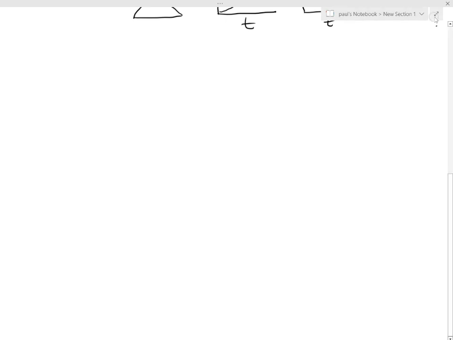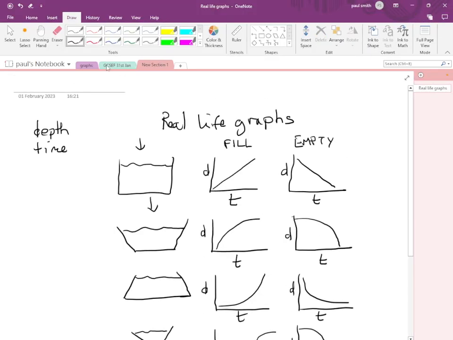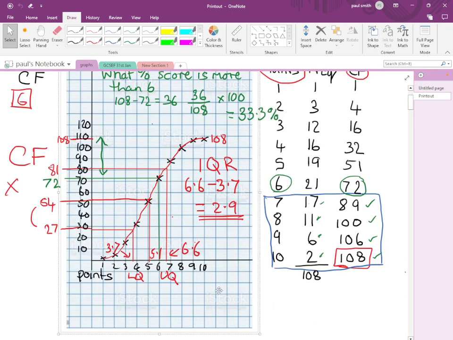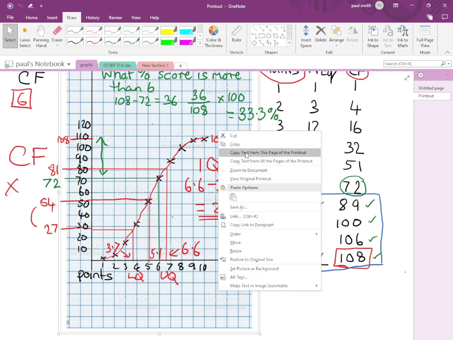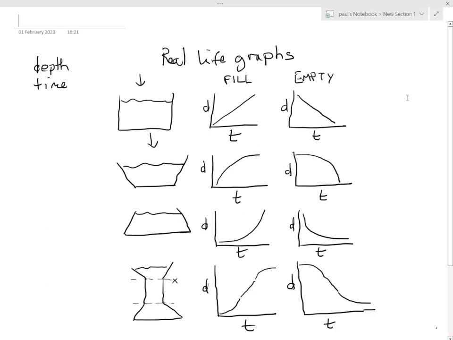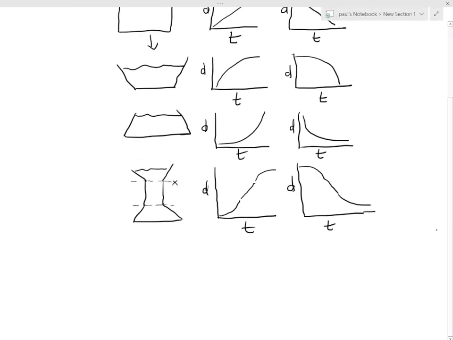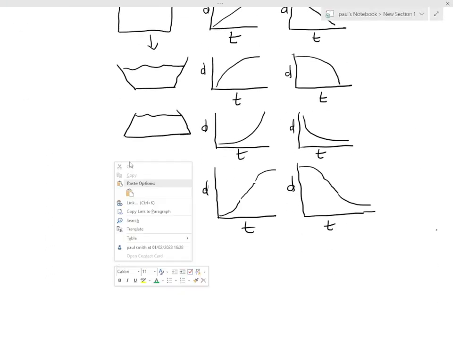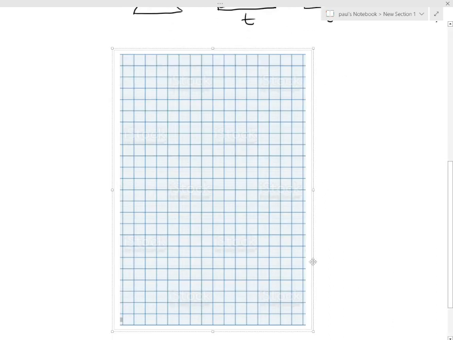So I need a graph to go in here now, so let's copy that, go back, and we'll insert a graph, and there we are.